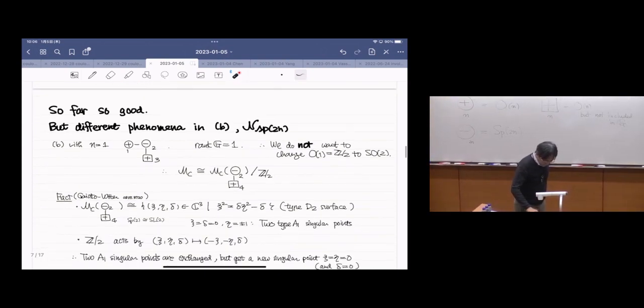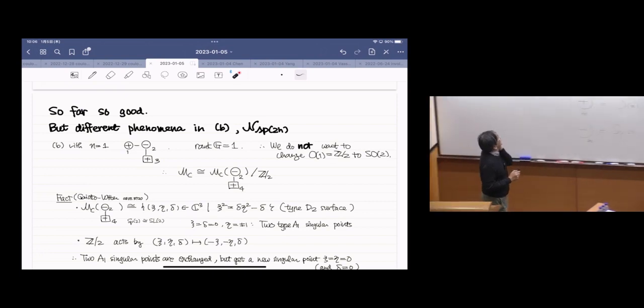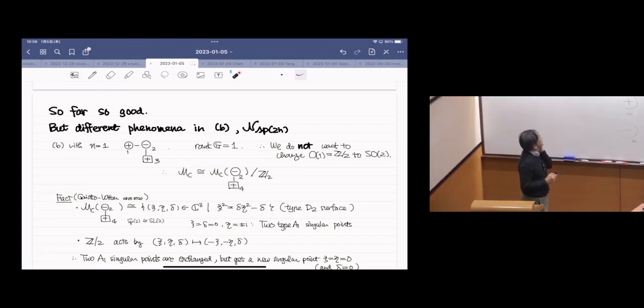So we need to understand this example, this choice of dimension vectors. Because of this, you assign all 1.